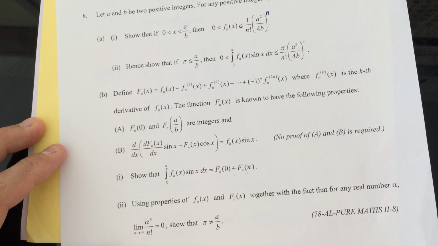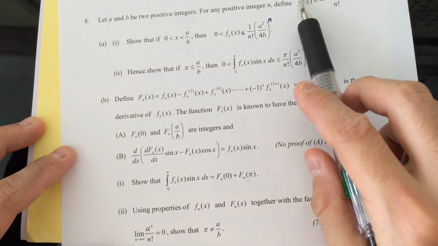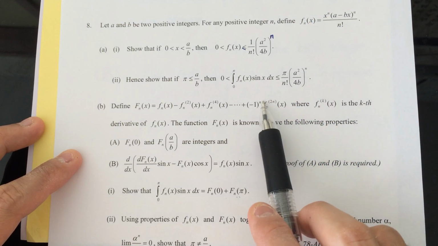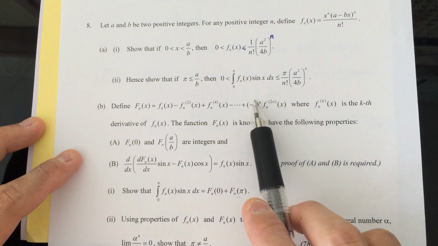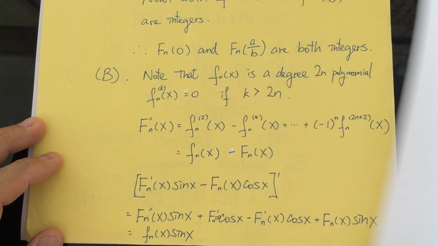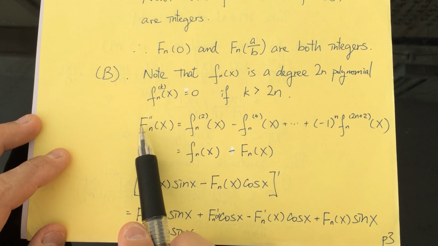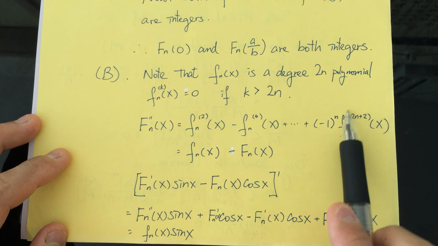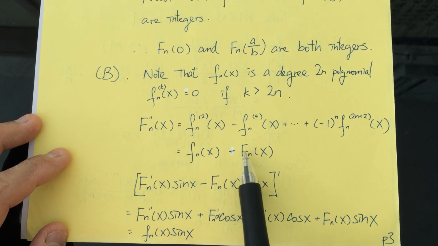Look at this part. This one is a degree 2n polynomial. So this part, if we differentiate once more, it is 0. That's why I have the second derivative of f_n(x). I have this part is 0, and this part is just f_n(x) minus f_n(x).